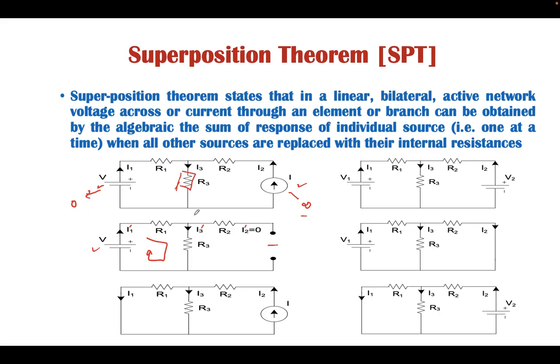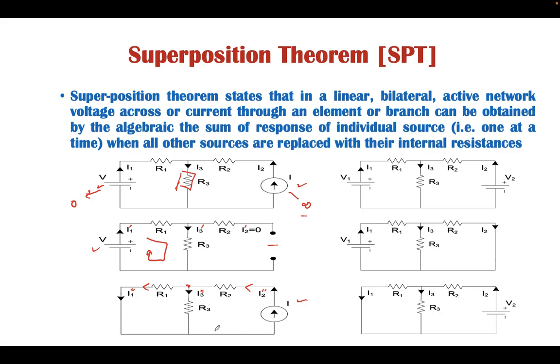Similarly, when the voltage source is replaced with its internal resistance and the current source is considered, the internal resistance of the voltage source is 0, and hence it creates a short circuit. The current flows in this direction and is divided into two components, I1 and I3. Let me mark these currents as I1 double dash, I3 double dash, and I2 double dash.